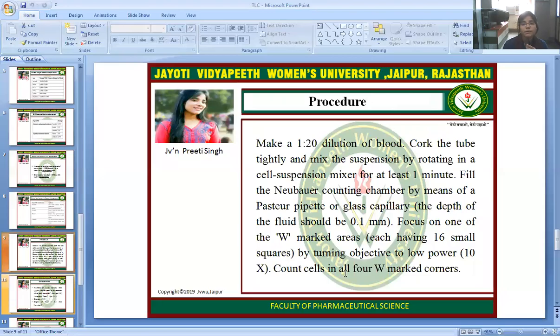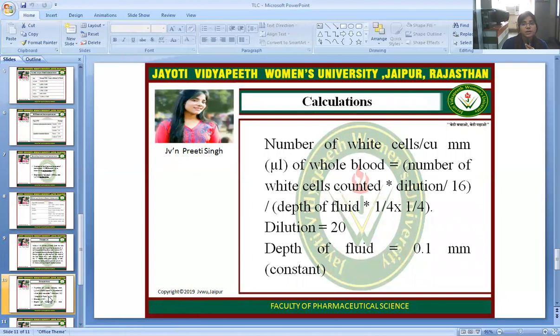The depth of the fluid should be 0.1 mm. Now focus on one of the W marked areas, each having 16 small squares. Turn the objective to low power 10x and count cells in all 4 W marked corners.